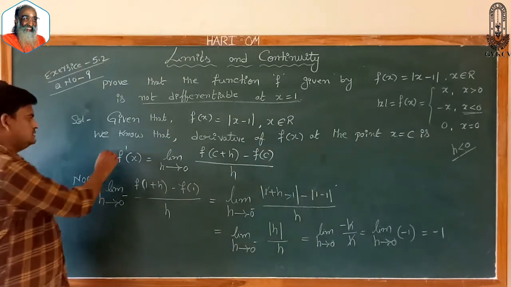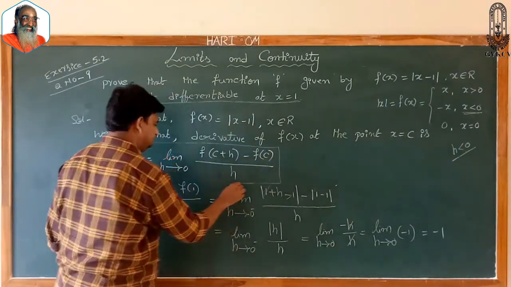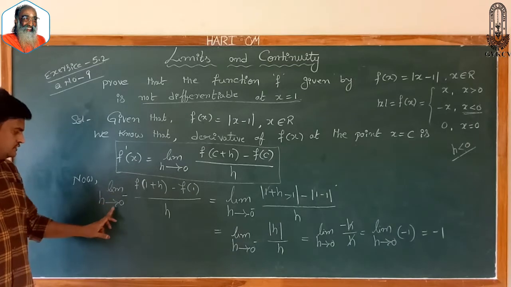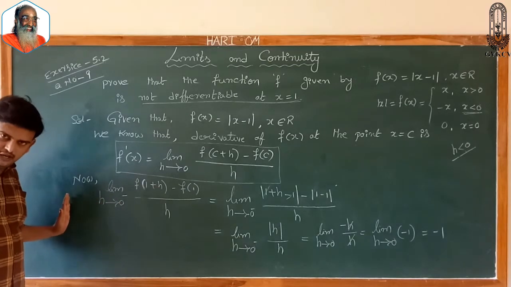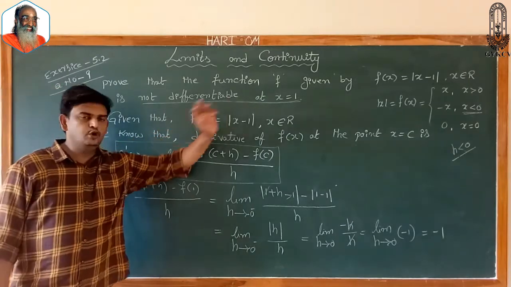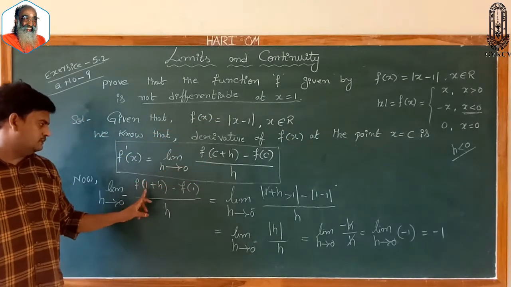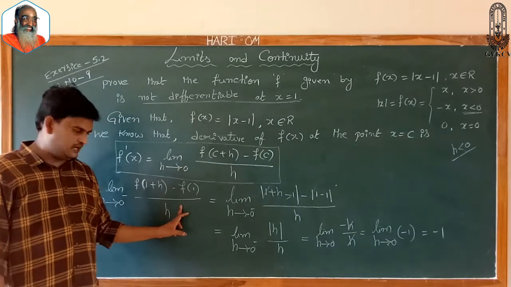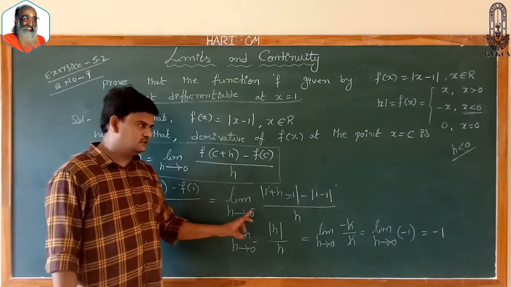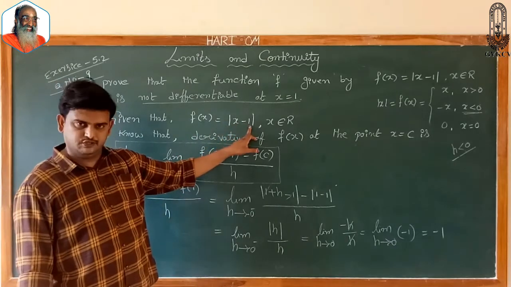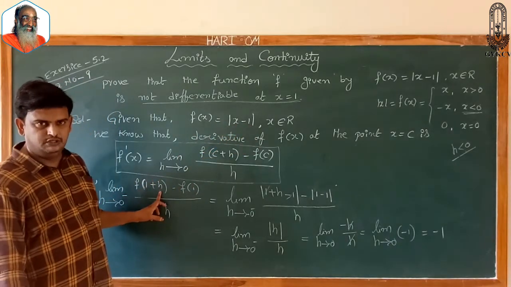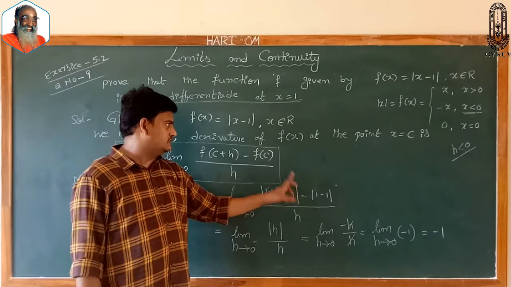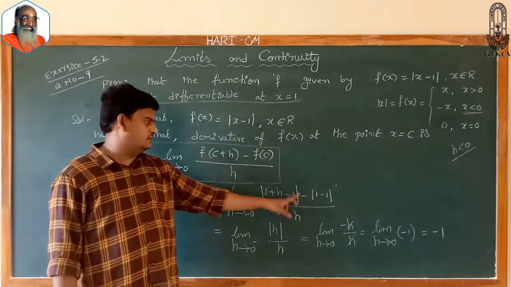So this is our formula. Now we are finding the left hand limit, limit h tends to 0 minus, where 0 minus means left hand limit, and at x is equal to 1, so c is replaced with 1. f of 1 plus h minus f of 1, by h. f of x is modulus of x minus 1, so f of 1 plus h, in place of x I have 1 plus h, so modulus of 1 plus h minus 1, minus f of 1, which is modulus of 1 minus 1.